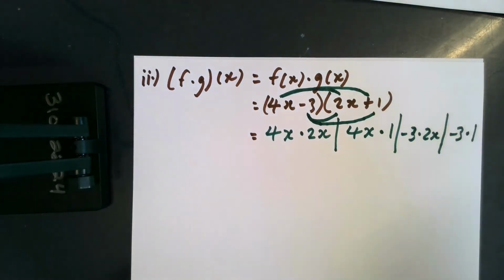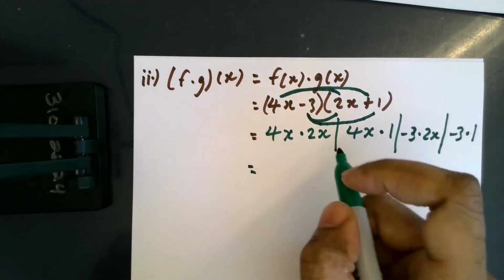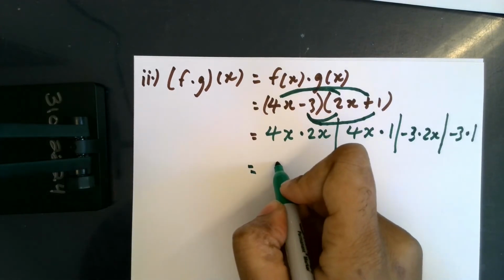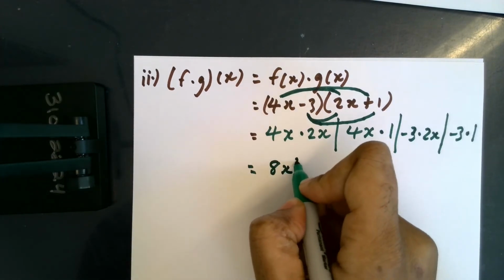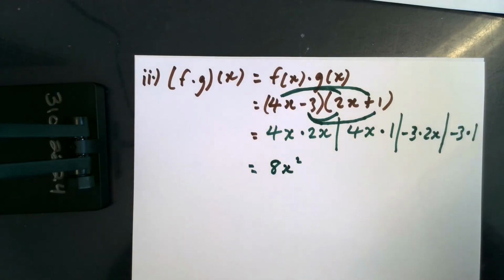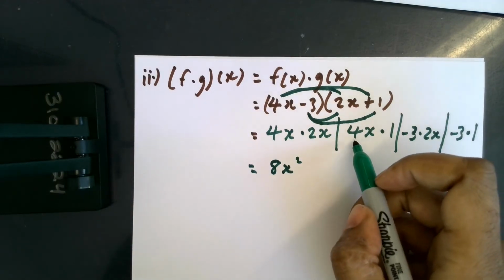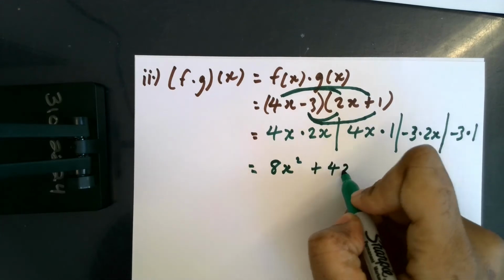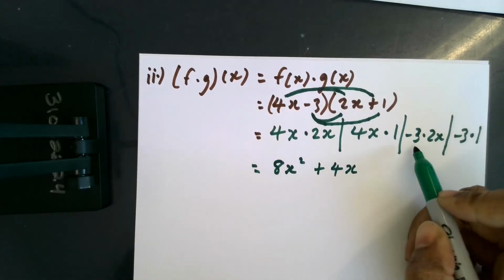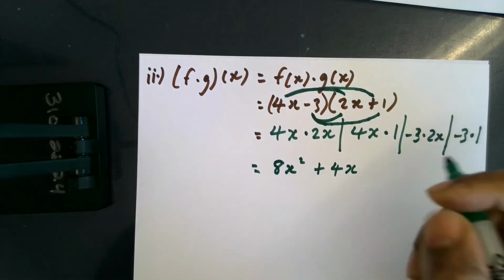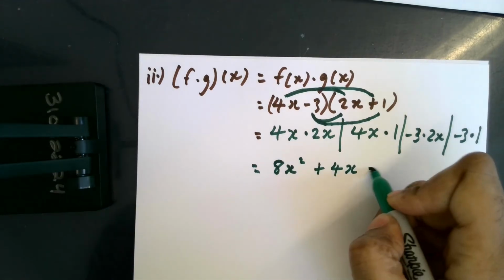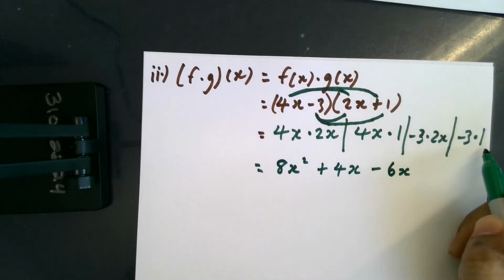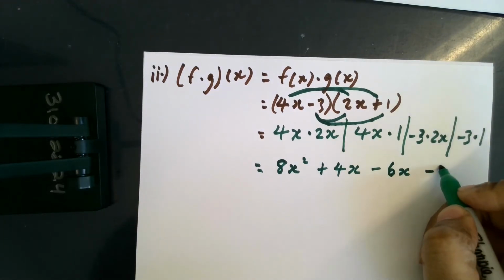Okay. So I'm going to have 4x times 2x, that is 8x squared. I'm going to have 4x times 1, that's a positive 4x. I'm going to have negative 3 times 2x, that's negative 6x. Negative 3 times 1, that's negative 3, all right?